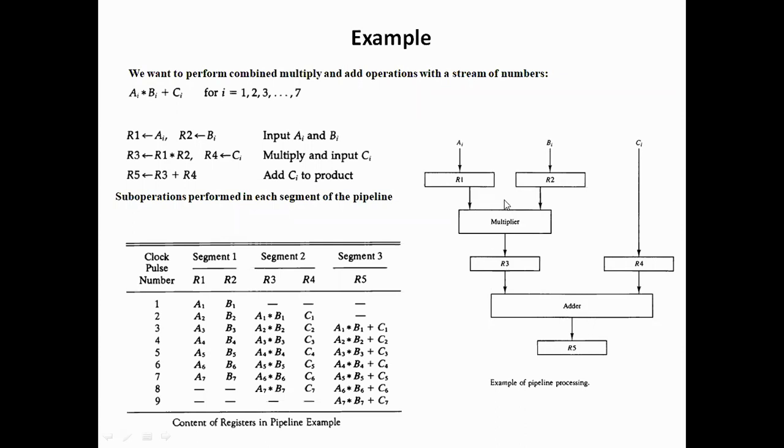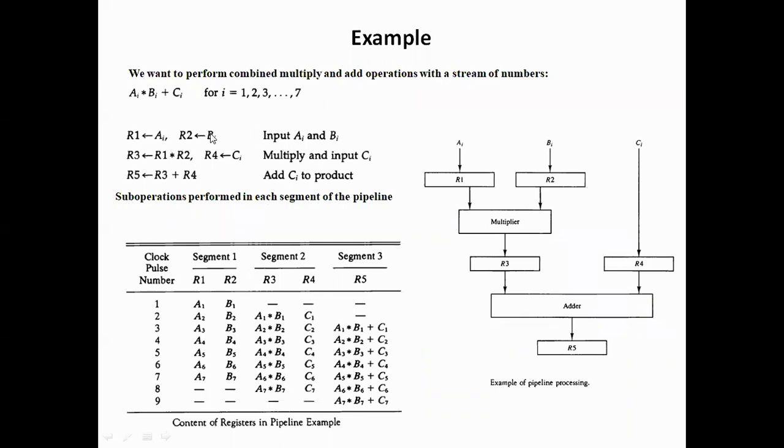Now if I put all these operations that will occur here for I equal to 1 to 7 in a table, the table would be somewhat like this. So let us first see what segments are there in this pipe. Based on this here, there will be 3 segments.